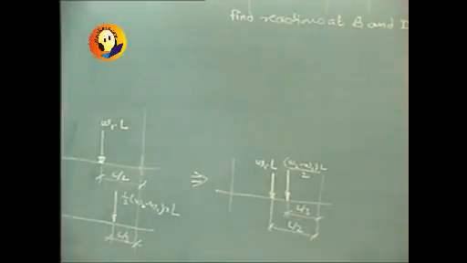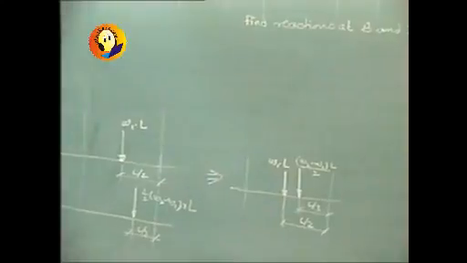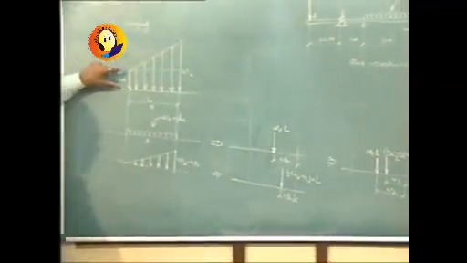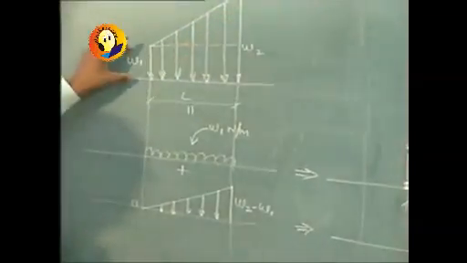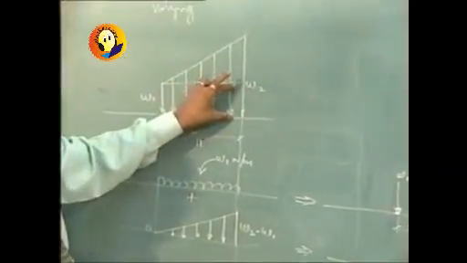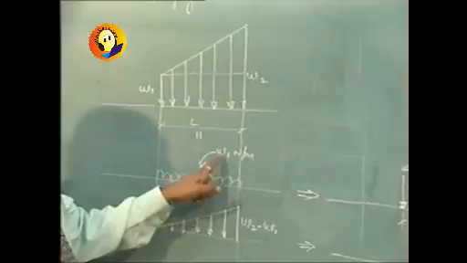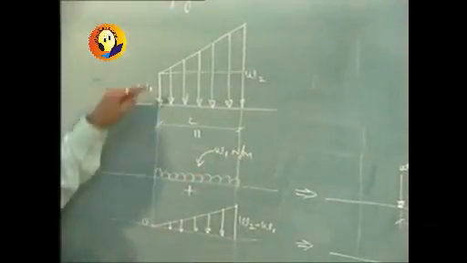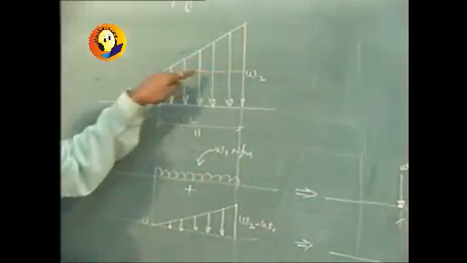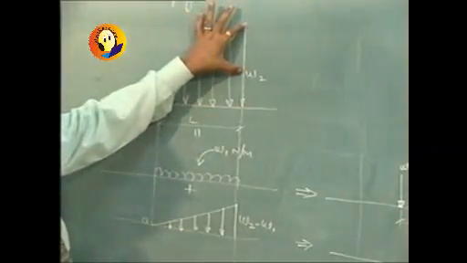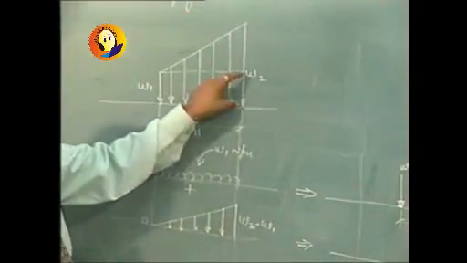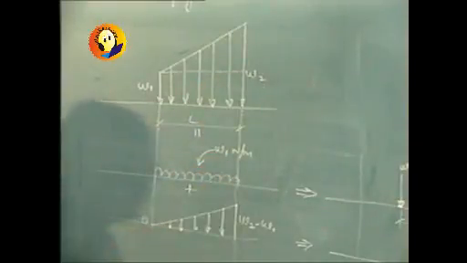So a combination load where the variation in the load is not from 0 to some point, as it varies from W1 to W2, can be considered as W1 throughout, so there is a UDL of W1 newtons per meter, and this is the triangle that is uniformly varying load from 0 to this load, that will be W2 minus W1, because we have already considered W1 part of it.